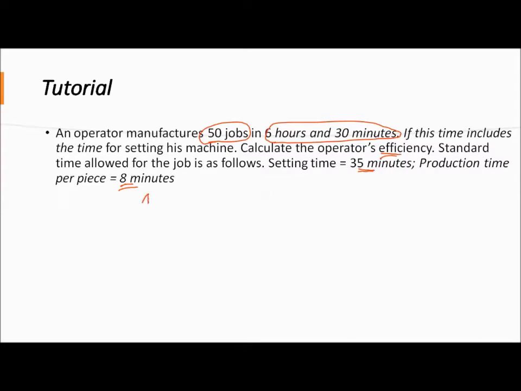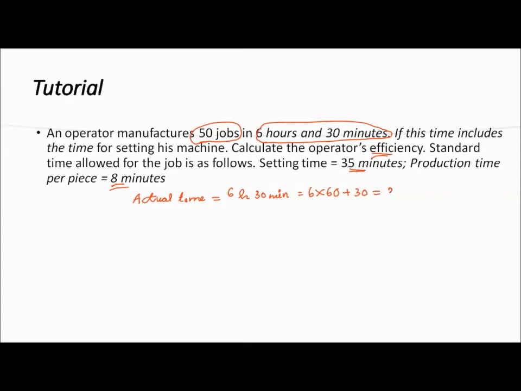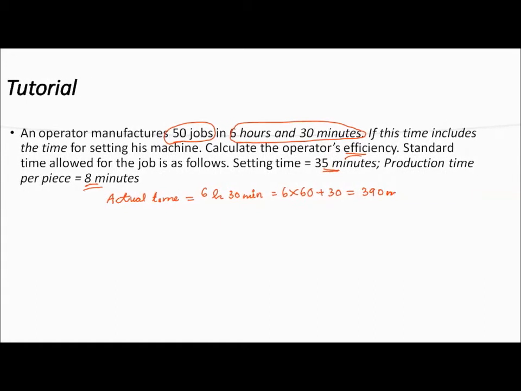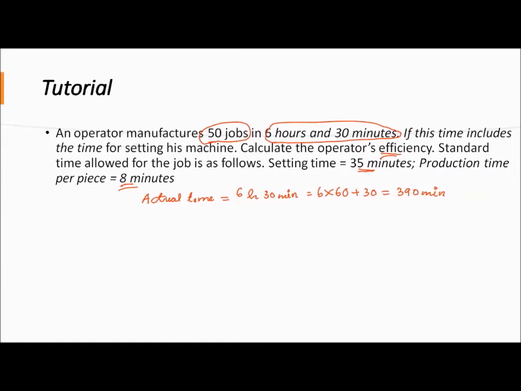So what is given? The actual time taken by the operator is given. So the actual time is how much? 6 hours and 30 minutes. So you will have to convert it into minutes, that is 6 into 60 plus 30, so that is 390 minutes. So you got the actual time and the standard time is also given.